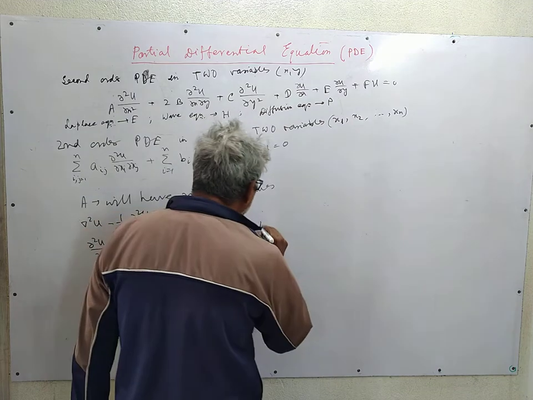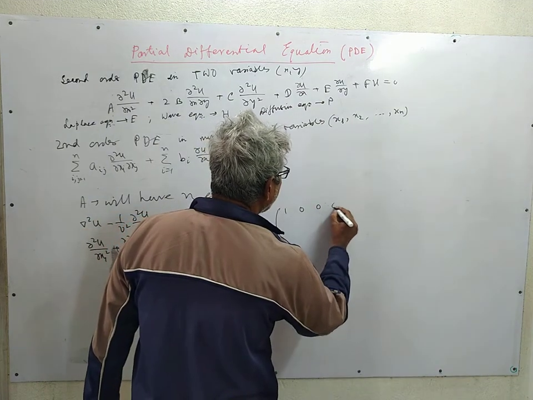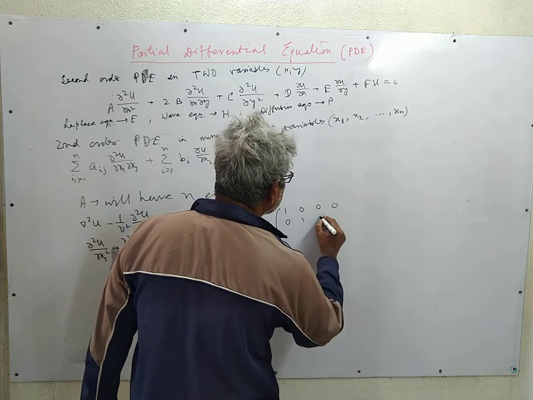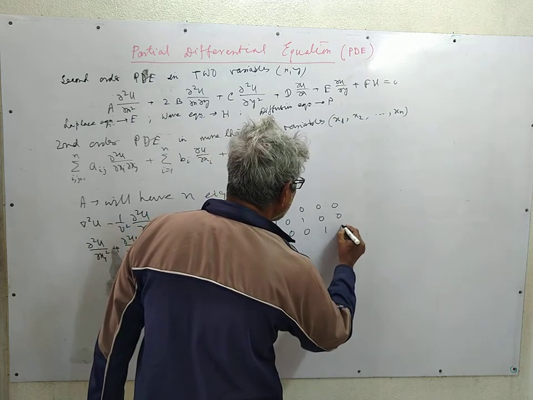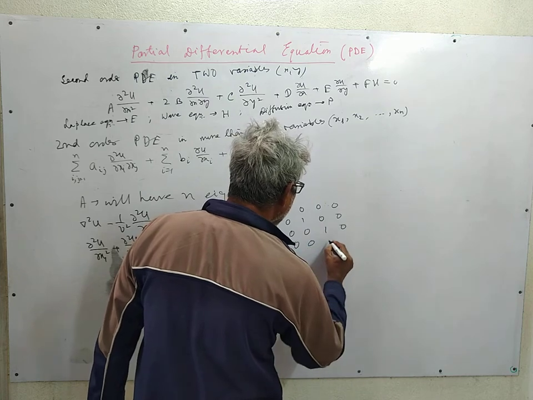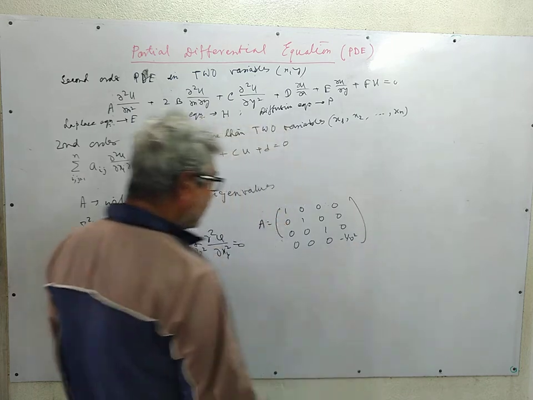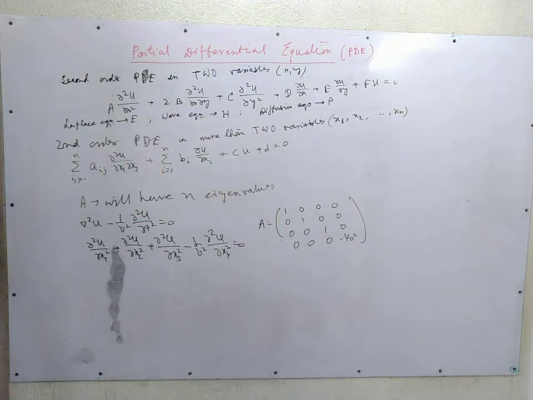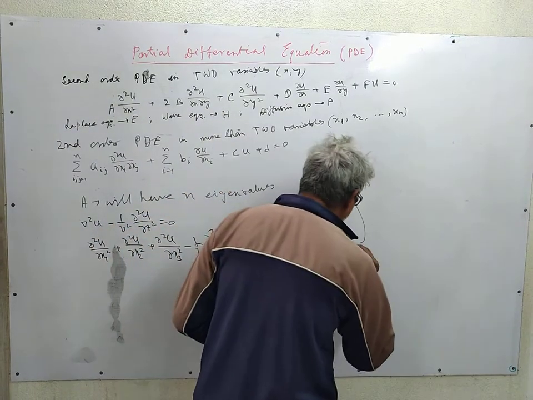The corresponding matrix A will be a 4 by 4 matrix. Here again, the diagonal elements are the eigenvalues, and we see that all the eigenvalues are positive except one.